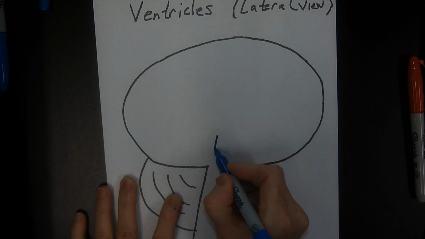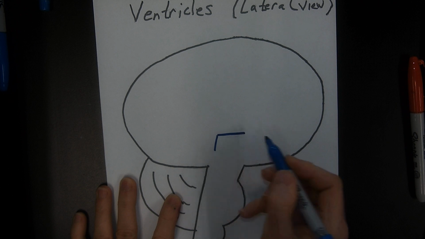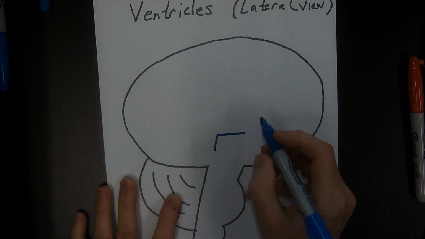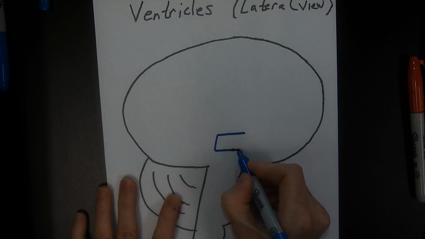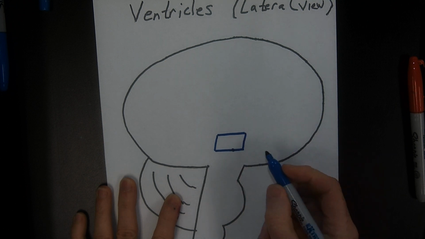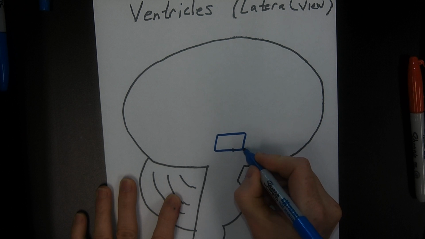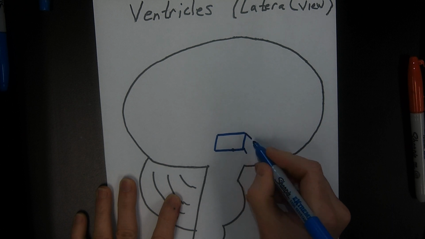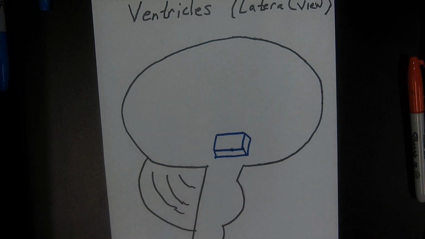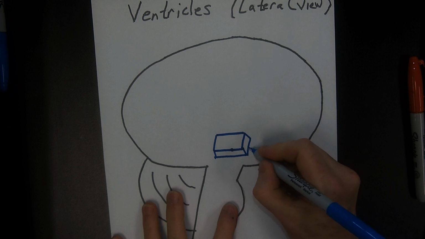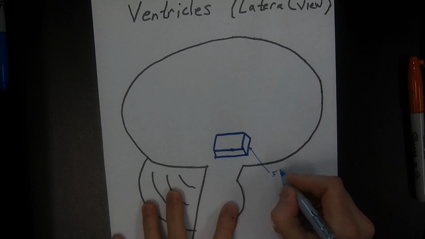I like to think of the third ventricle as a box. Just easier for me to visualize if I think about the third ventricle as a box. Okay, so this is going to be your third ventricle.